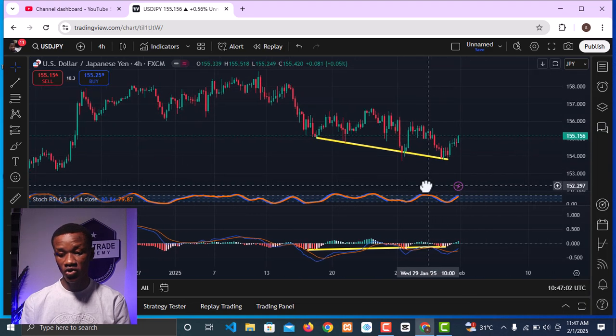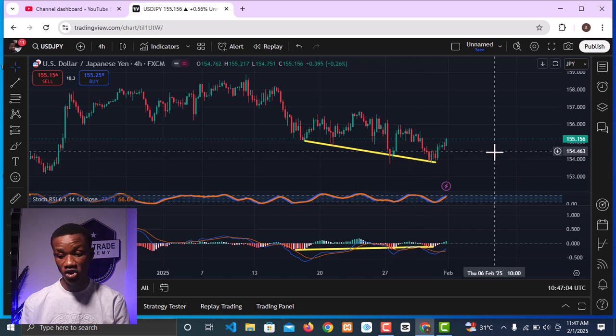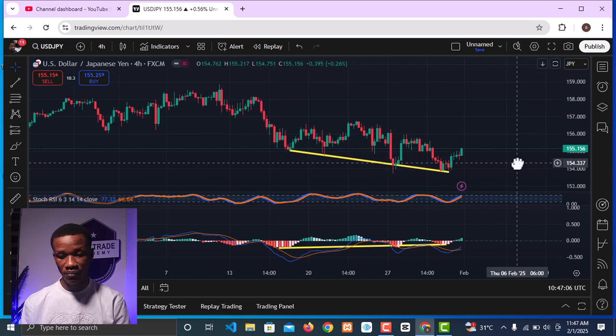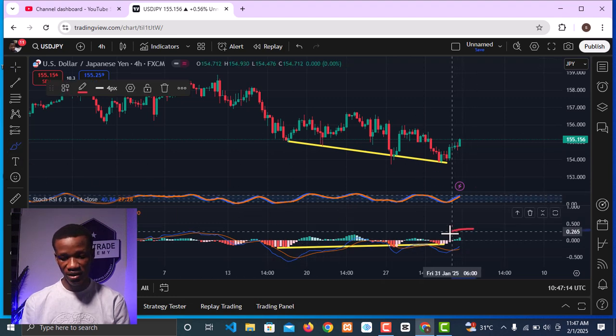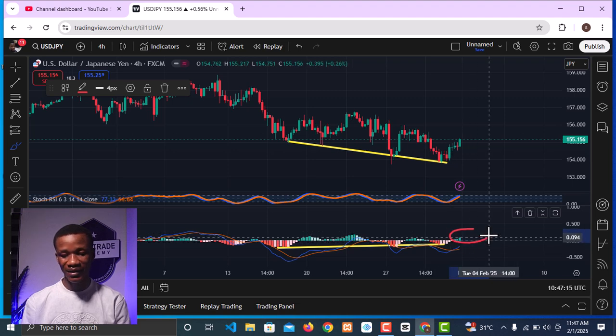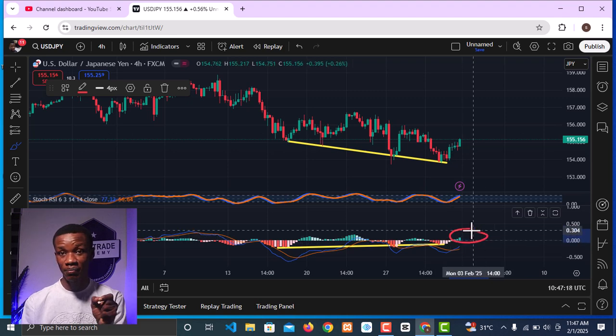But what we want to wait for is a confirmation of this divergence. Confirmation number one is we need to see the MACD histogram start formation on the positive side, which we are seeing right now, and this is already taking place. This is confirmation number one.